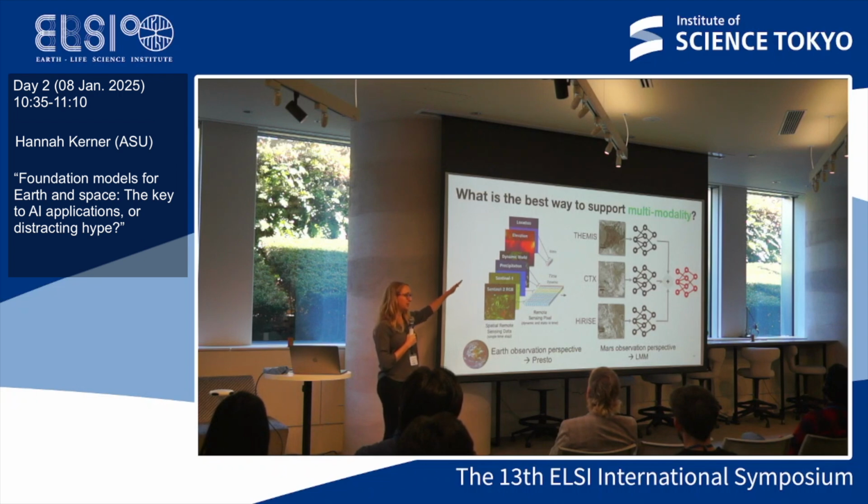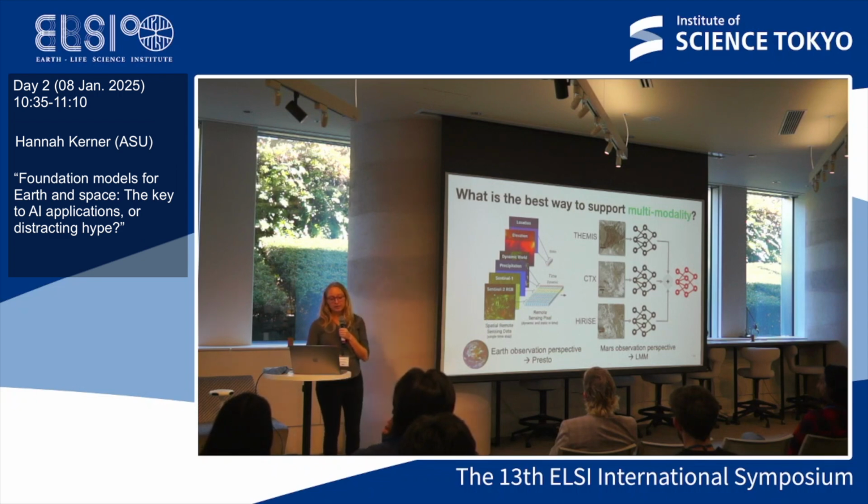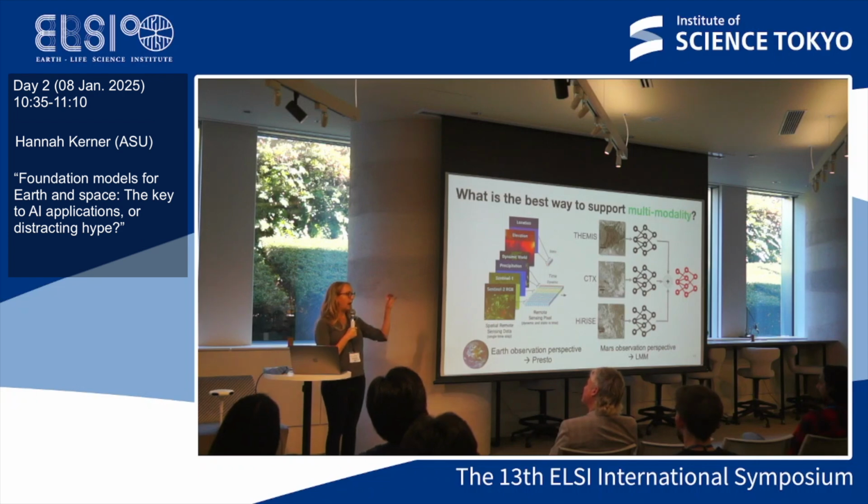Think of y equals mx plus b for each one, m and b being the parameters, but way more of those, millions or billions instead of 2. And we literally add those functions together. And that allows us to have a single model that can take in any of those observations, but has the internal circuitry to parse each of them individually.